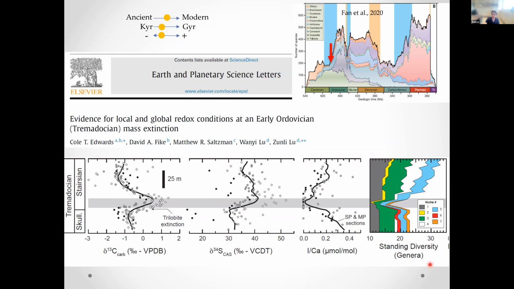This is an example of the early Ordovician mass extinction. During a carbon isotope excursion, we see the iodine calcium crash down, and possibly you have other redox proxies supporting that we have a deoxygenation event occurring here.